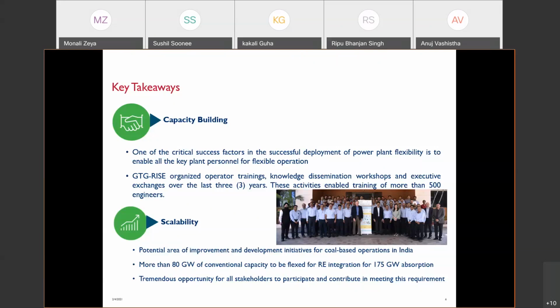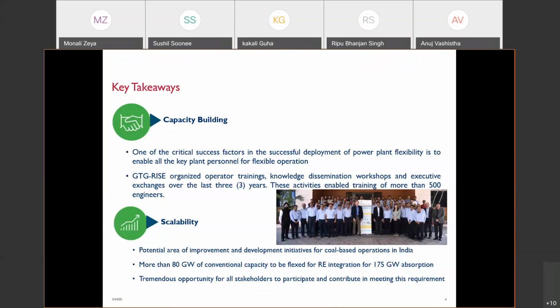It is the policymakers, it is the ministry, it is the central agencies like CEA, POSOCO. It is in fact the transmission utility, which is ensuring that large RE capacity additions get absorbed in the grid. And it is equally important for the OEMs also, to provide those knowledge bases.